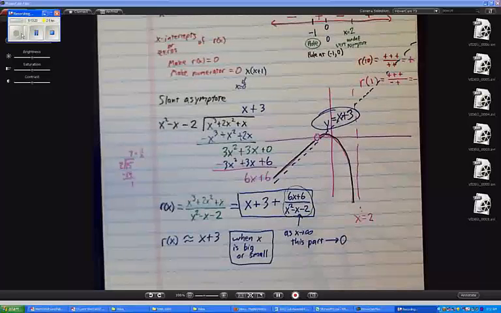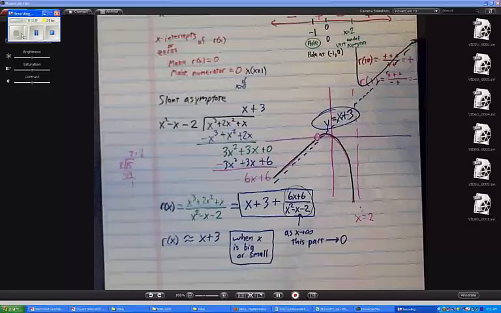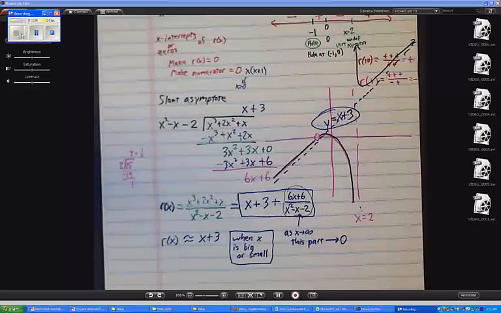Anyways, once I have the slant asymptote, I can kind of sketch the rest of the curve. I know it's positive over on this interval, and I know that it's going to look something like this. Hold on. I got very distracted by you guys. What's that? Where?